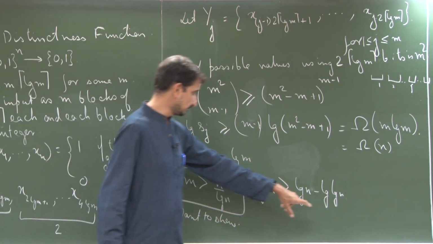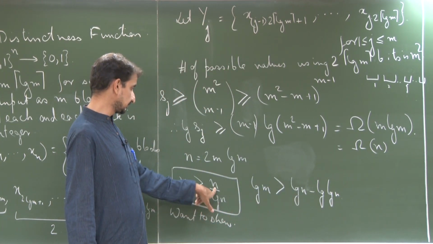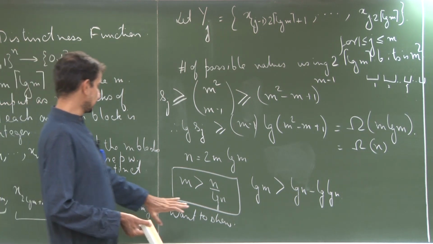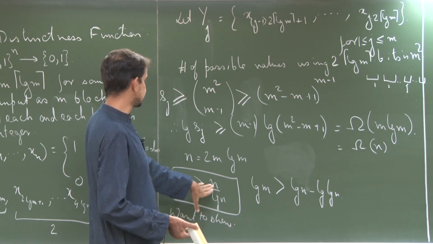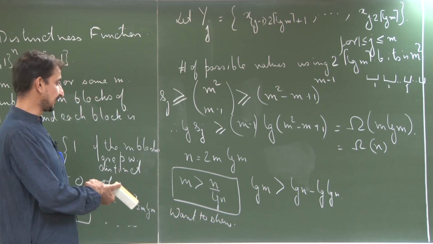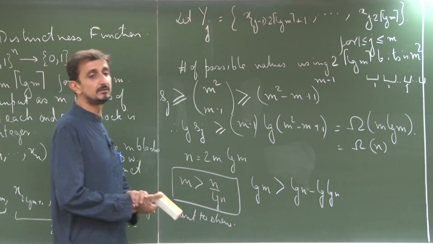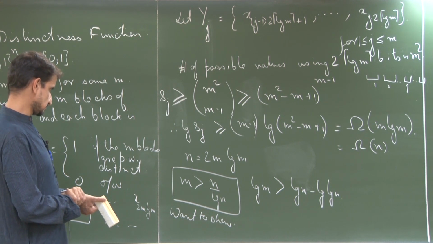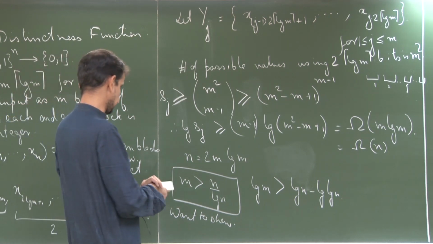Here I want to show this is n by log n. I am just trying to back calculate: essentially I want to show that m is greater than n by log n. So I am trying to see that if I make this assumption, does it still fit this theorem. Okay, this can be done in a better way.